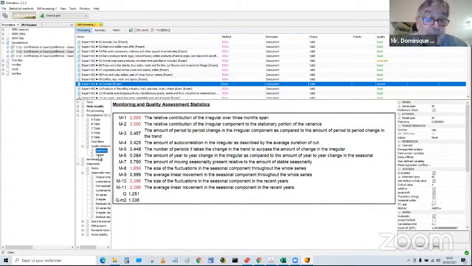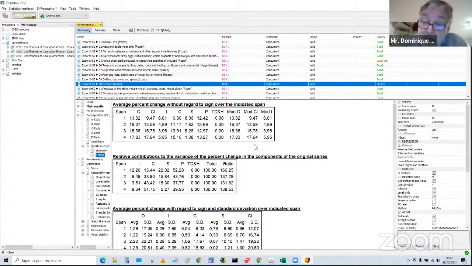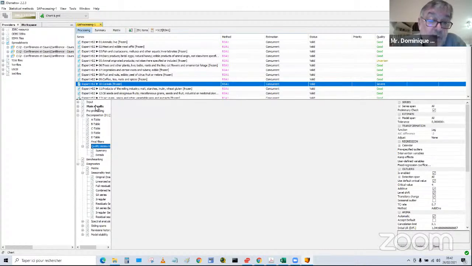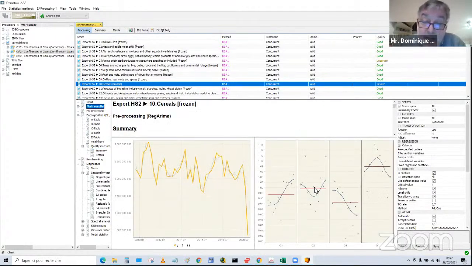So when I change the ARIMA model, it doesn't change a lot. It doesn't change a lot the seasonal coefficient, but what I observe is that I do have a short problem in the irregular, and it's not good for the Q statistics, but it doesn't change a lot of things.